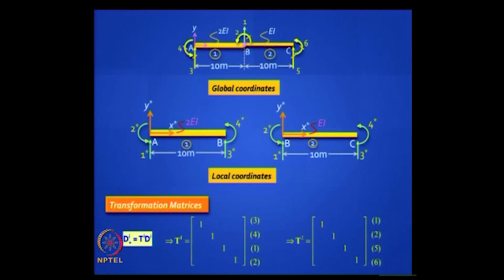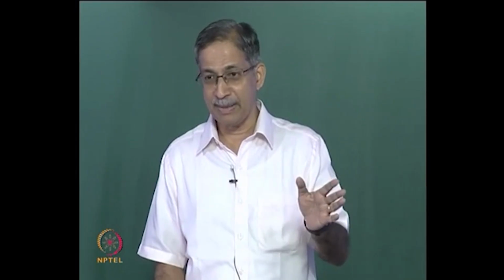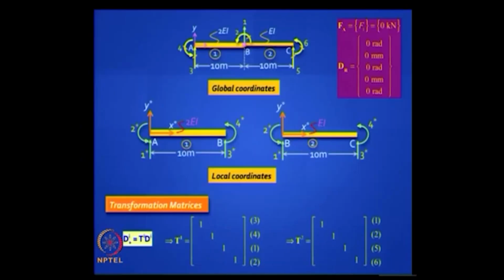So you have only one active degree of freedom, and the input data is that you do not have any direct loads, because that 30 kilonewton meter is not going to the global coordinate, it is going to the member end, and there is no support settlement. Is it clear? So your input data is this. So far it is clear.